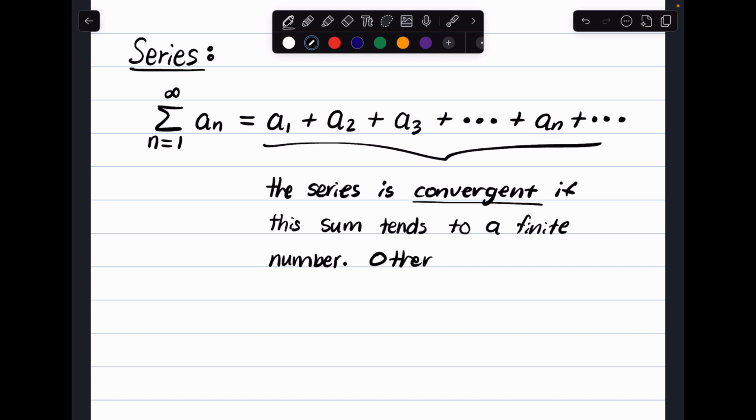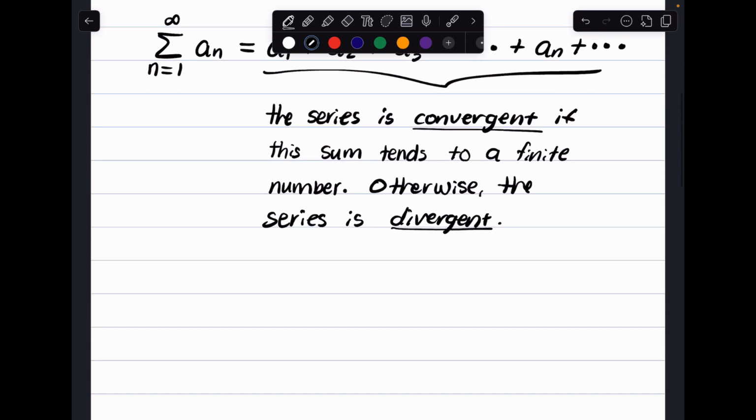Otherwise, the series is divergent. Okay. And so we can look at a couple of divergent series just to get a hang of what's going on.